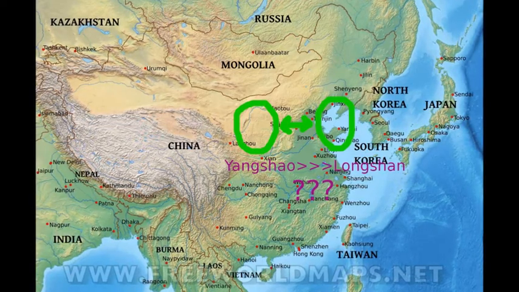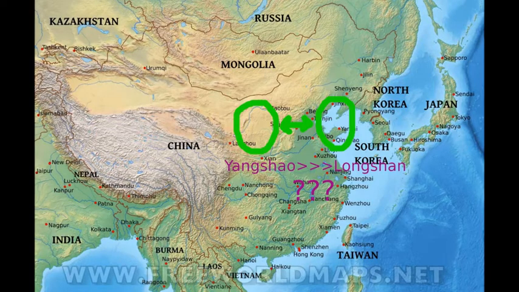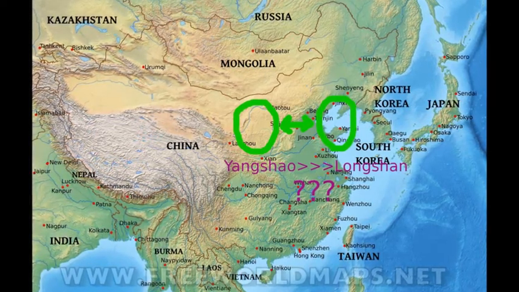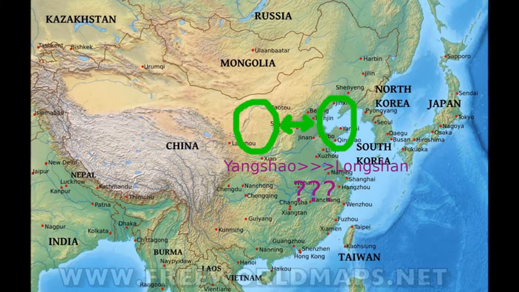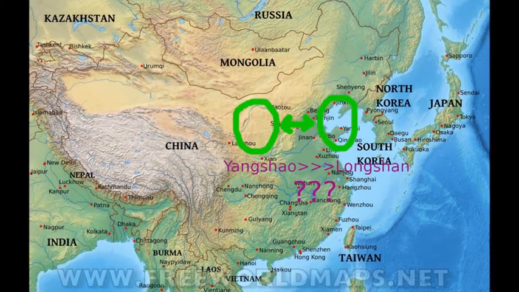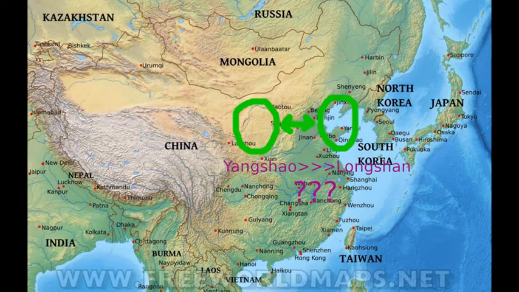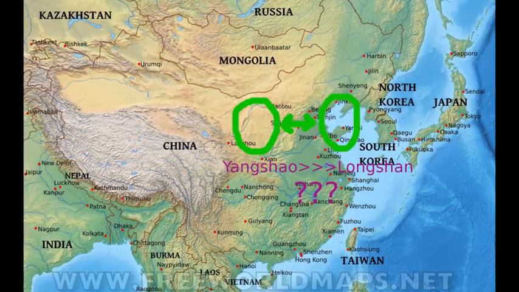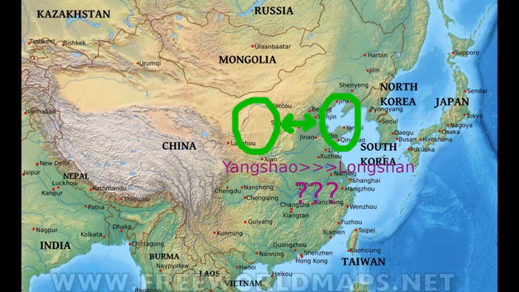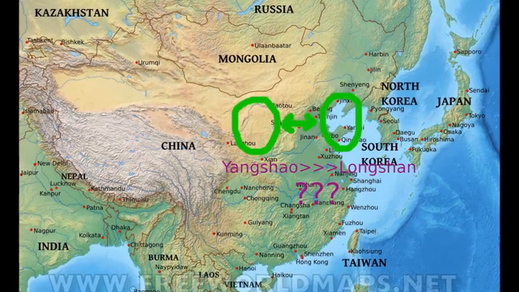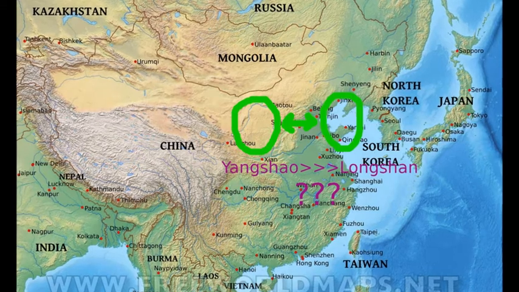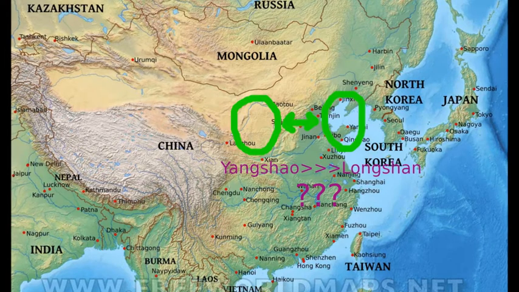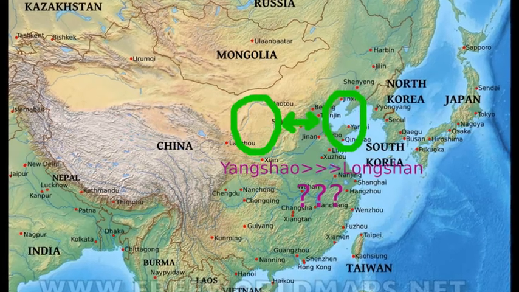Since some of the Longshan ceramics have been found in the Henan area, someone thought that the Longshan could be a sort of successor of the Yangshao, and the Yangshao could be the ancestor of the Longshan. But this hypothesis has been disputed, and nowadays the most accurate hypothesis for these two cultures is that they are two different, separate cultures.